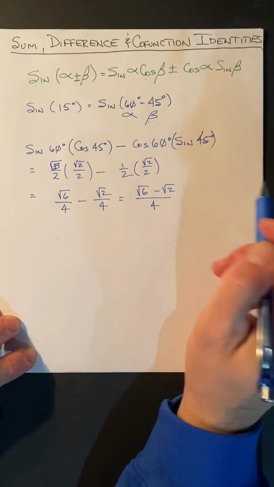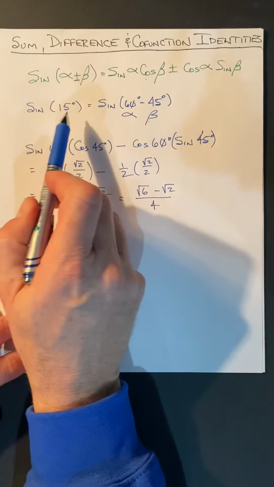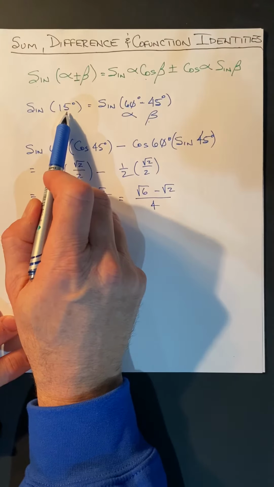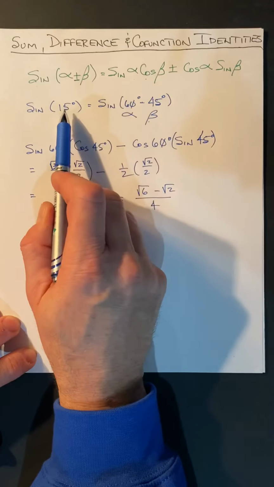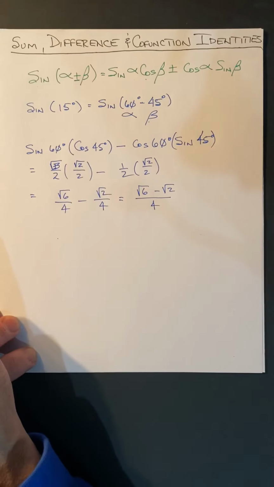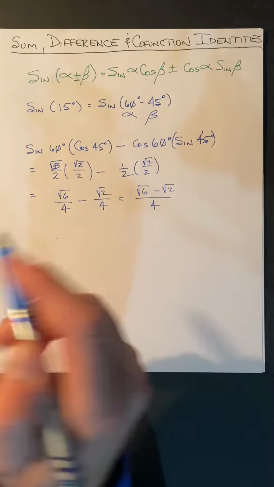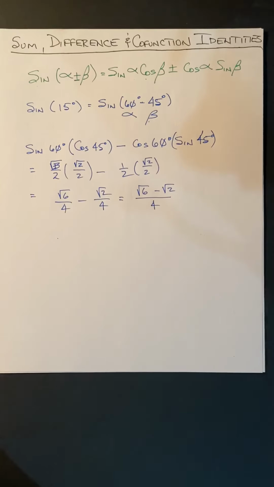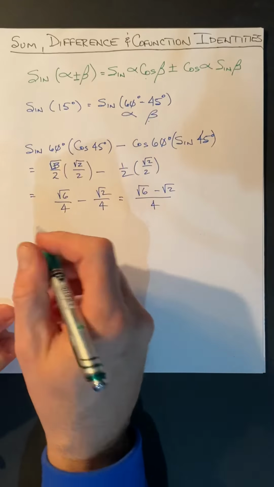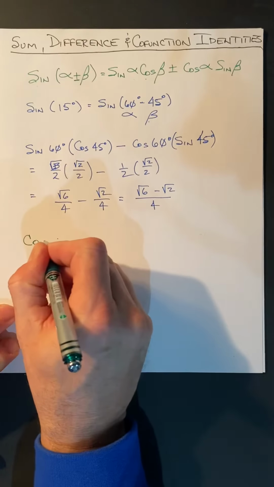Okay? So I can take this and come up with an angle representation for something that's not on the unit circle.